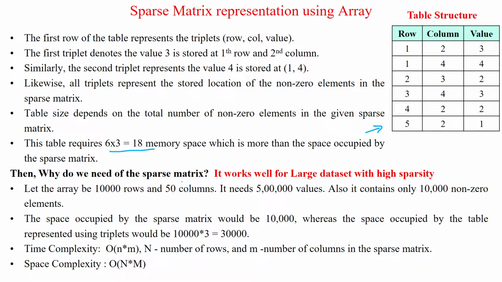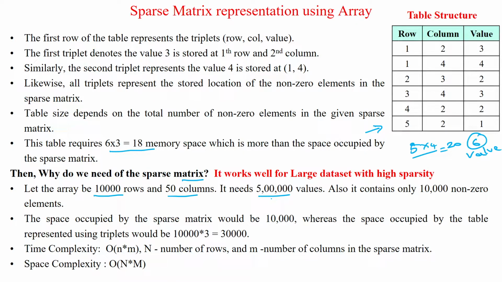Then why do we need a sparse matrix? Here we have only a 5 by 4 matrix, so 20 memory locations, but we are storing only 6 values. But when you take large data, for example 10,000 rows and 50 columns in the sparse matrix, it needs 5 lakh storage space.